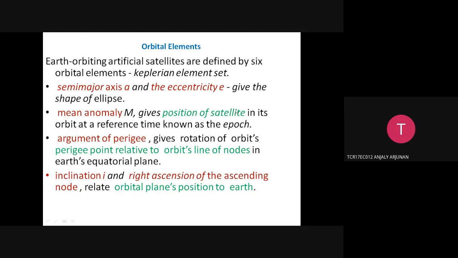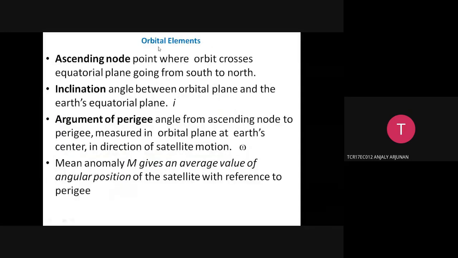It shows the position of the satellite in its orbit at a reference time. And the argument of perigee is the perigee point relative to the orbit's line of nodes. Line of nodes means you have an ascending node where the orbit crosses the equatorial plane going from south to north.